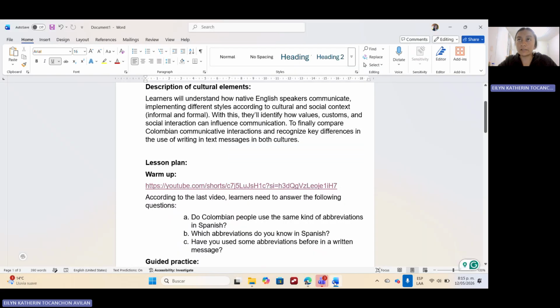I know that learners don't use abbreviations in English because they don't text in English, but in songs or movies they could see these abbreviations and remember the information.